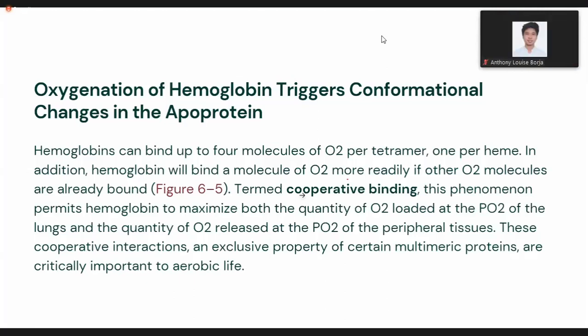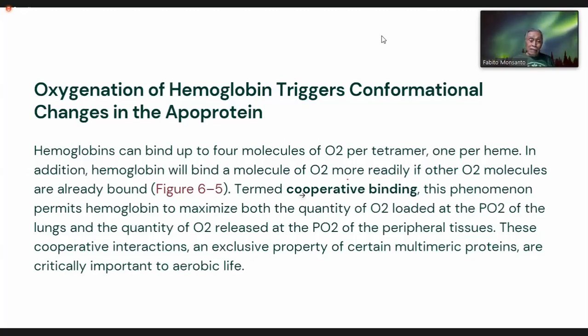Yes, Doc. Oh, and the third time, lalo na. And the fourth, very, very easy. So that is what they call cooperative binding. We start with a very hard to bind, then becomes a little bit easy, and then easier, and then very easy.